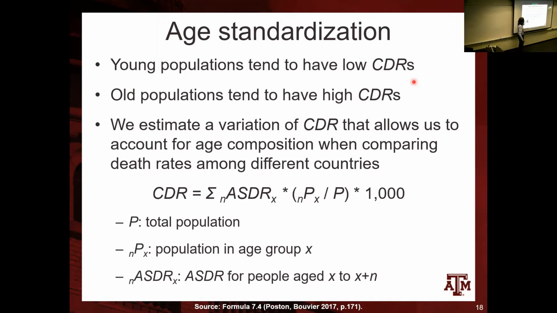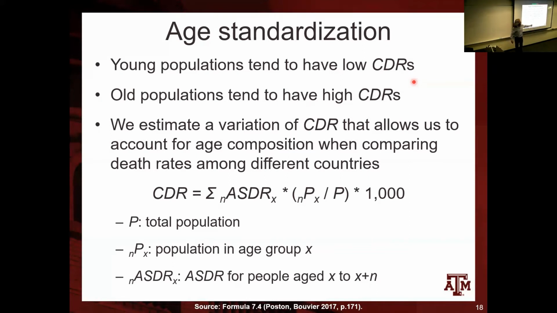So how would it be, the crude death rate of Venezuela using the US population as the standard? For the US, I don't have to deal with anything because the population is always the population of the US. I have to change the standard population just for one of the countries. So I have to get the age-specific death rate for Venezuela and get this one here for the US.